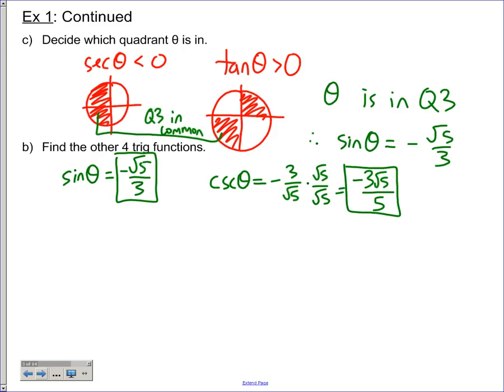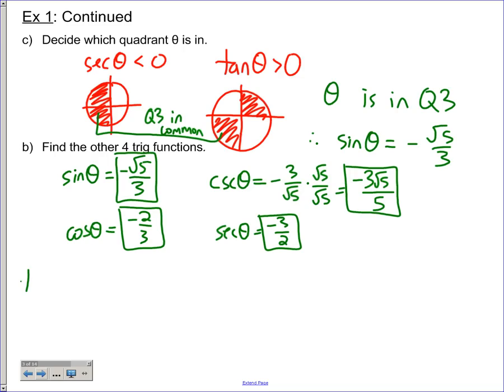We already found cosine of theta, which is equal to -2/3. We know secant of theta is -3/2, which was given. So the remaining 2 trig functions would be tangent and cotangent. So we'll find tangent first.